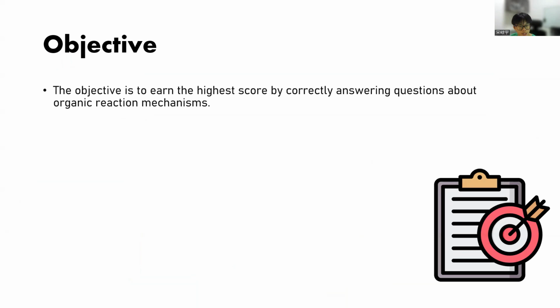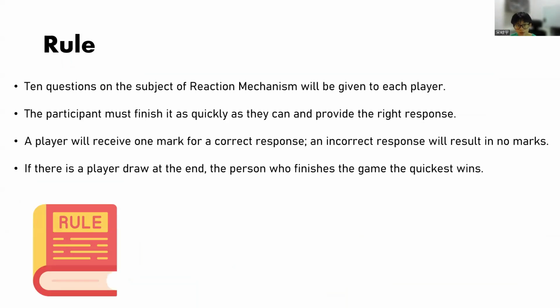The objective of our game is to earn the highest score by answering the questions correctly. Also, the main objective of this game is to show your knowledge of reaction mechanisms by answering a series of questions correctly.